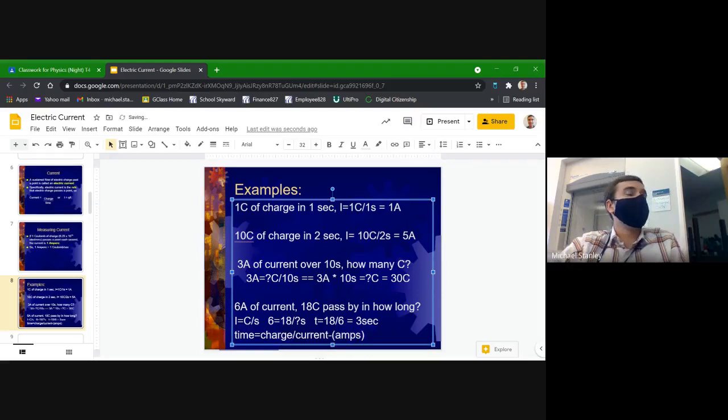All right, so there are a lot of things like this in physics, where if you know 2 of them, you can figure out what the other one is supposed to be.